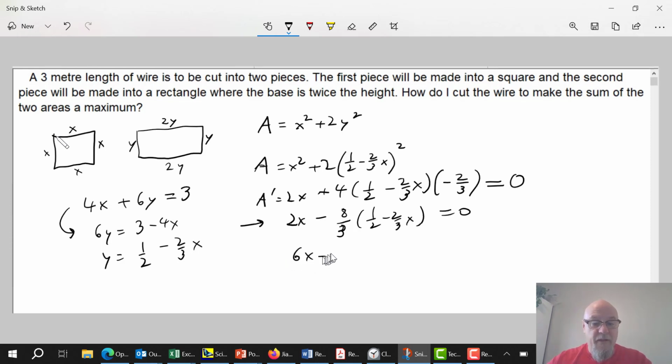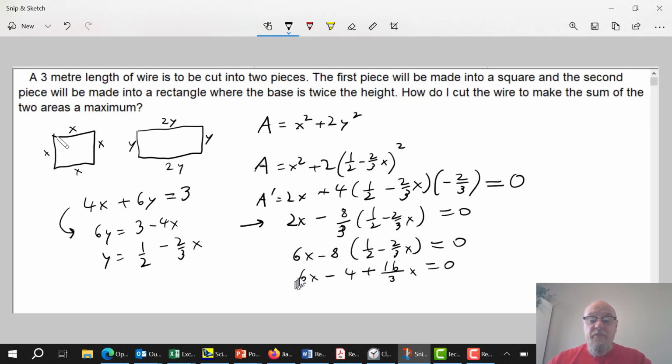That's going to be 6x minus 8, and 0 times 3 is 0. At least that gets rid of the fraction. Now I feel safer multiplying this 8 through: 6x minus 4, minus a minus is a plus, 16 over 3 x is equal to 0.